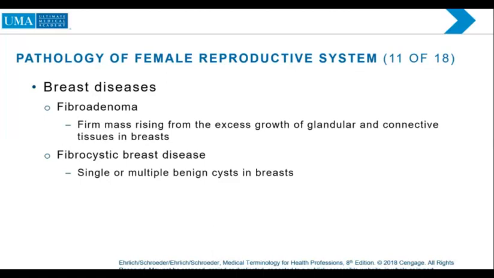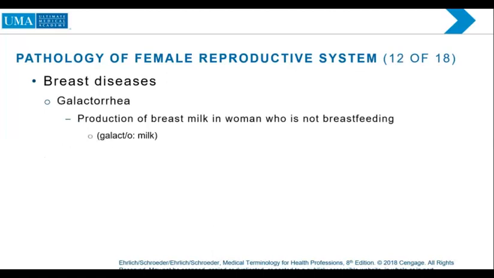Fibrocystic breast disease is single or multiple benign cysts in the breast. Galactorrhea is production of breast milk in a woman who is not breastfeeding. Galacto again means milk.